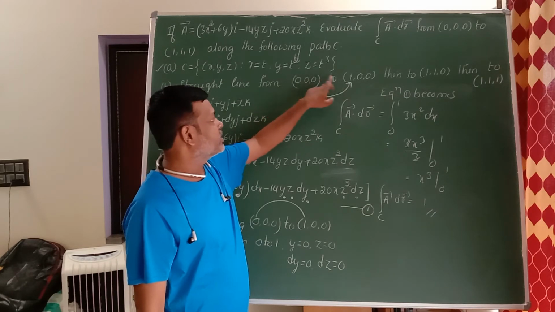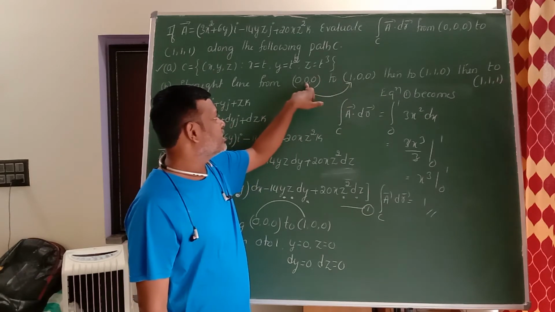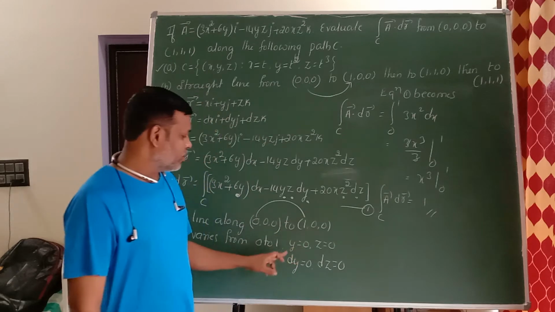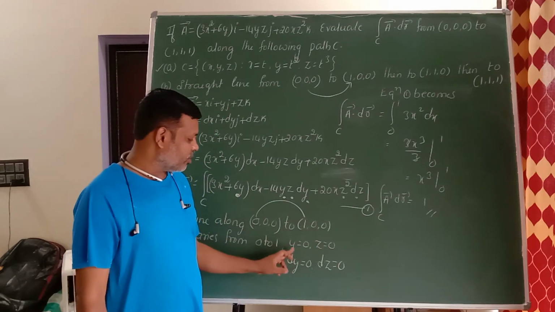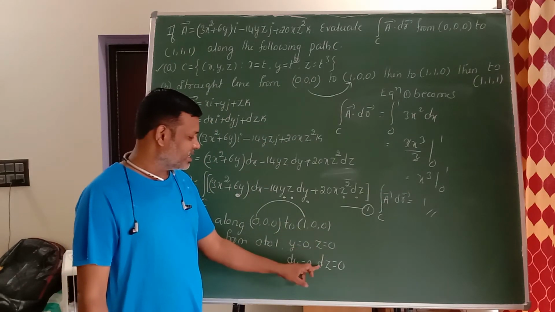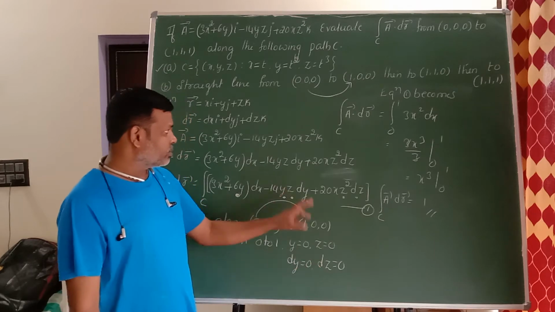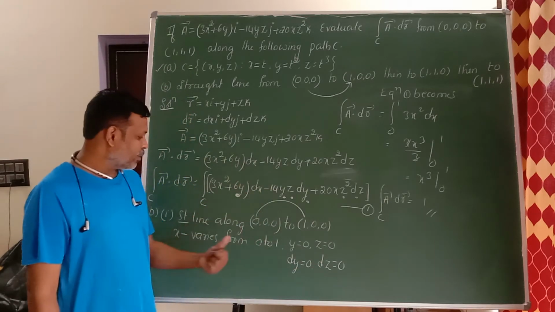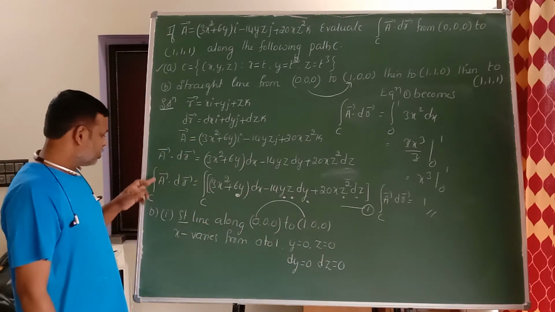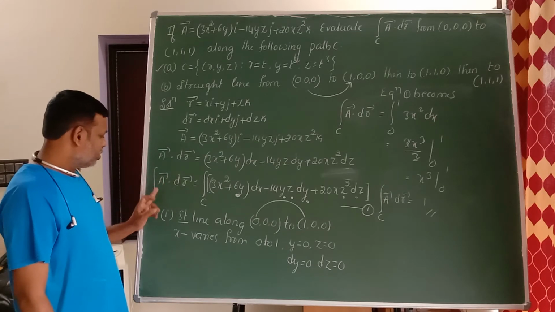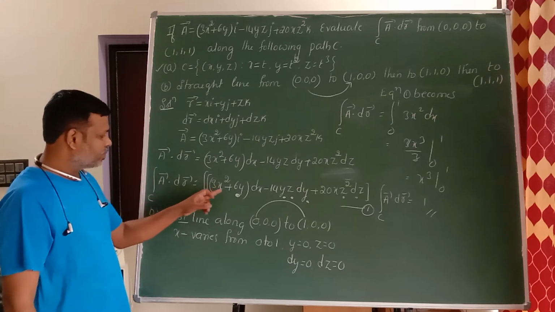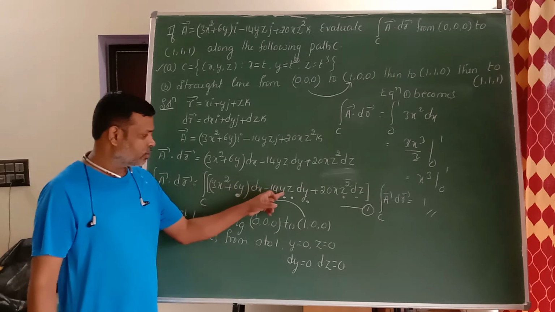x varies from 0 to 1 such a way that y is equal to 0, z is equal to 0. When y is equal to 0, z is equal to 0, obviously dy is equal to 0 and dz is equal to 0. Therefore, substitute all these ingredients in equation 1. So the integral of A dot dr over curve C is equal to, here y becomes 0, and here also y becomes 0.